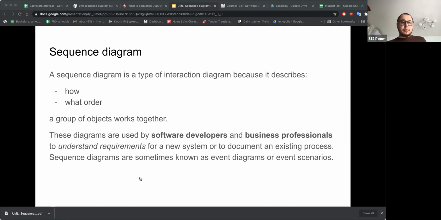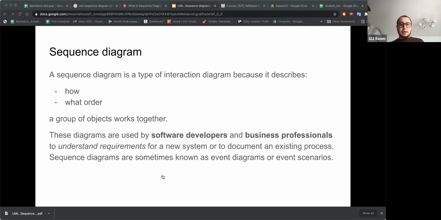Software developers, or even non-software specialists such as business professionals, can also use this diagram to show how the elements of their system work together.